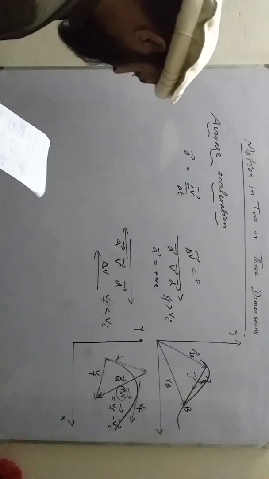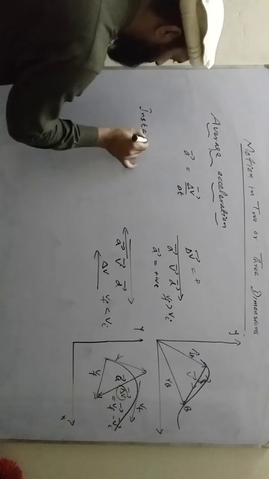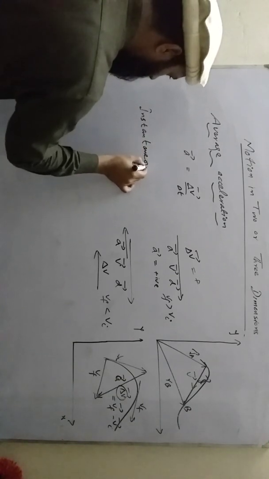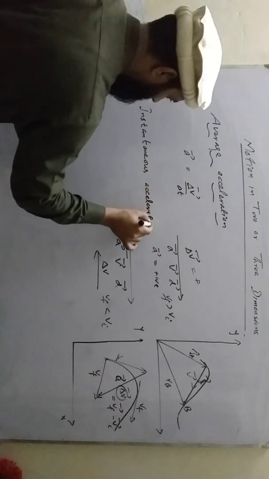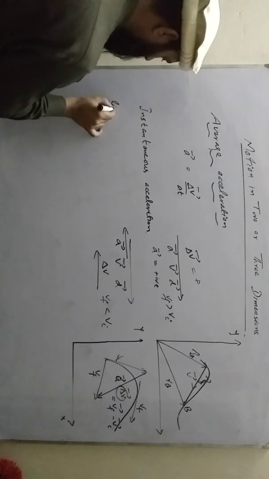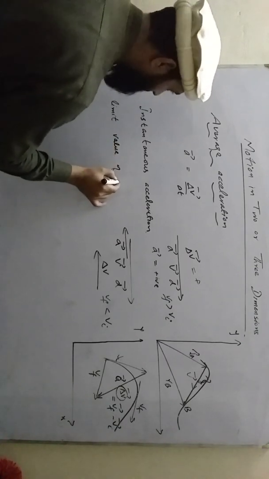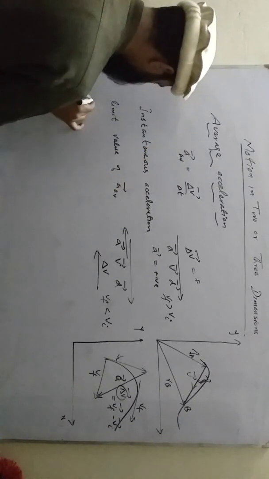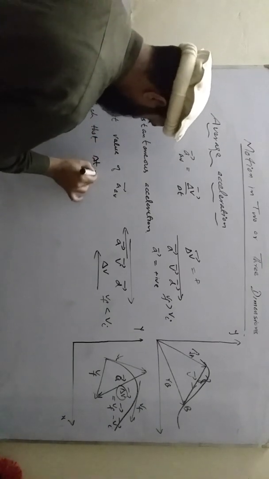Another term is the instantaneous acceleration. Like instantaneous velocity, instantaneous acceleration is also the limiting value of the average acceleration such that delta t approaches 0.